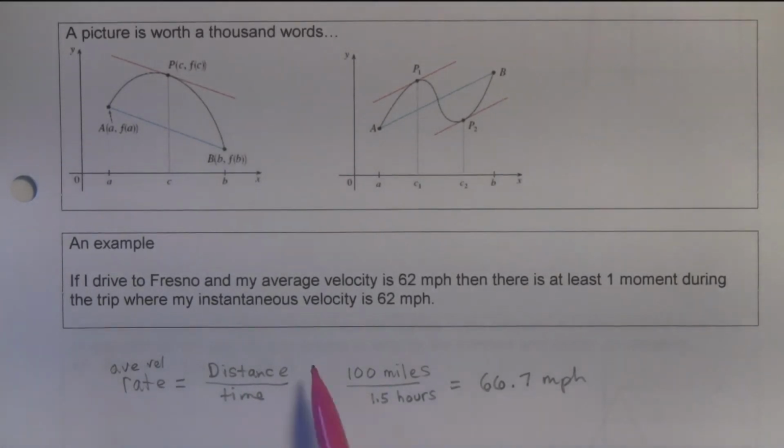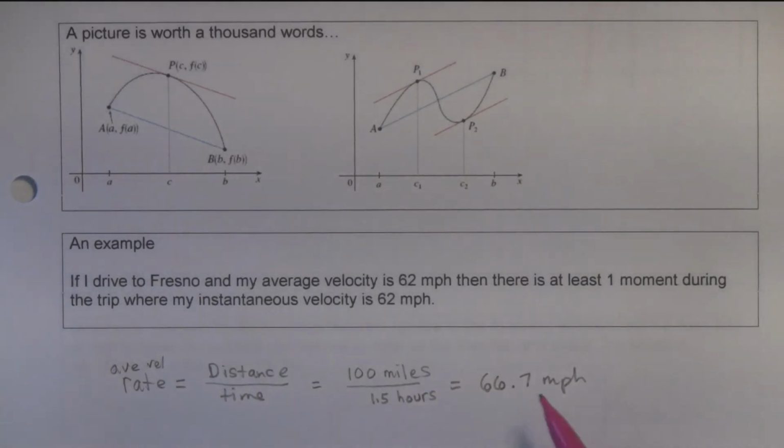And so what this would say, if I had traveled to Fresno and it took me an hour and a half to get there, pretend, and it was 100 miles from Bakersfield, my average velocity was 66.7 miles per hour. Then at least one moment, my instantaneous velocity during the journey was 66.7.